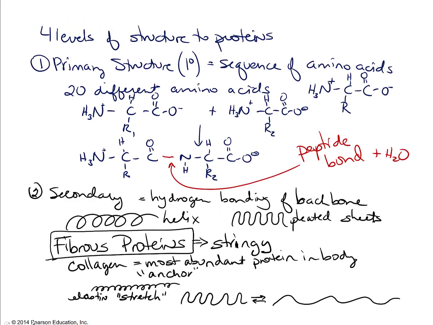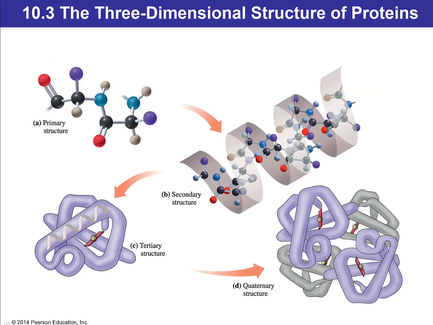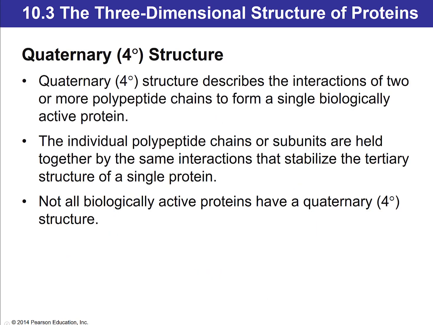All right, so last one. So last one is called quaternary. Quaternary structure is the last level of structure. Quaternary structure describes how more than one protein together makes a large complex. So this, like collagen. Collagen is one helix, but then there is a second one that's also wrapped around it.